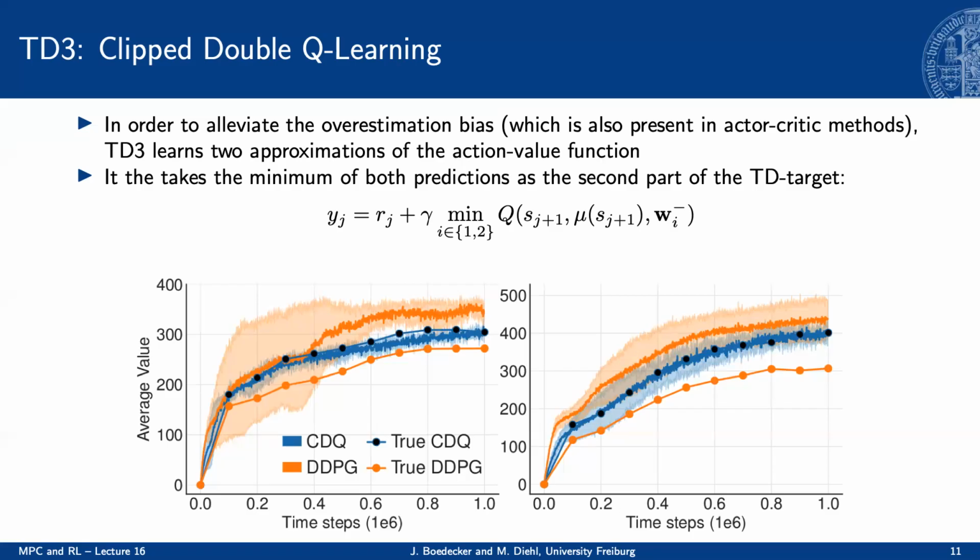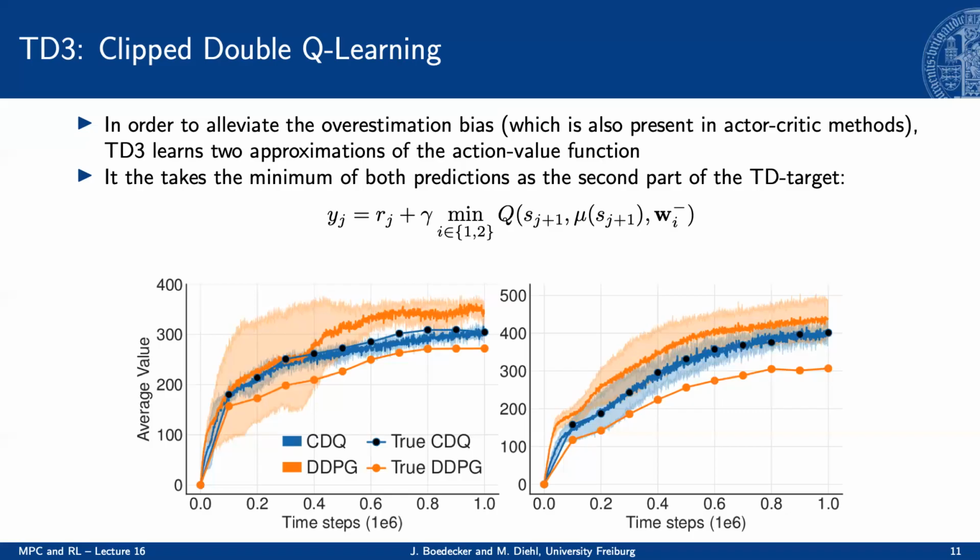So DDPG basically overestimates, like we see here. The average value that it outputs in its Q values would be higher, but the true values would be this orange curve here, and you can see that.